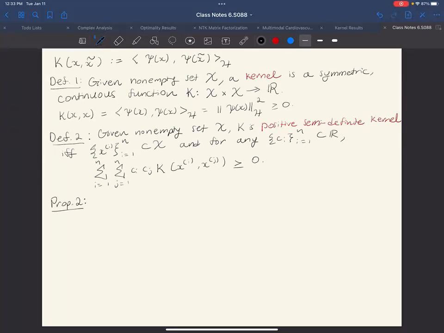Just to summarize, if you have a kernel function, let's say Rd to R, that is given by an inner product, so let's say k of x, x tilde is the inner product of psi of x, psi of x tilde in some space, then k is a positive semi-definite kernel. I'm going to abbreviate this as PSD.